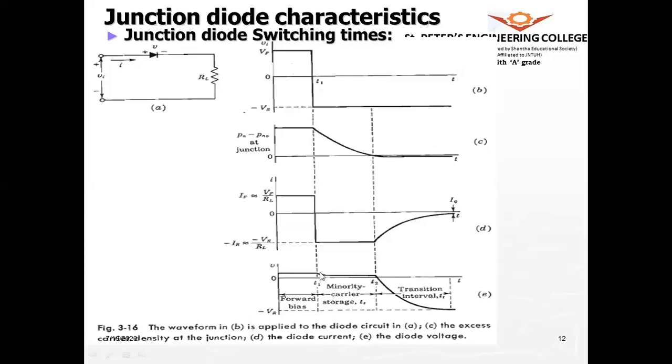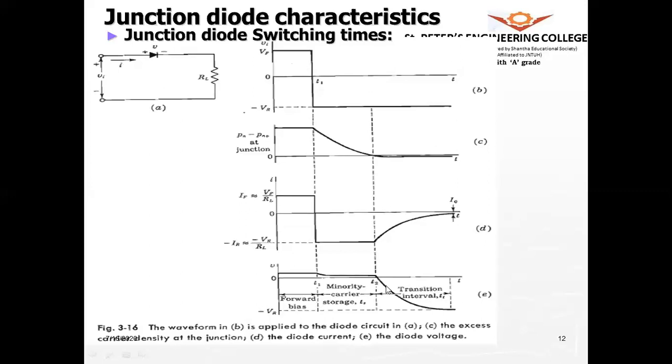Until then, the voltage is reducing slowly to zero, and when the current slowly becomes zero, only then does the voltage tend to increase and go to the reverse voltage we have applied, minus VR. So there is a transition time.